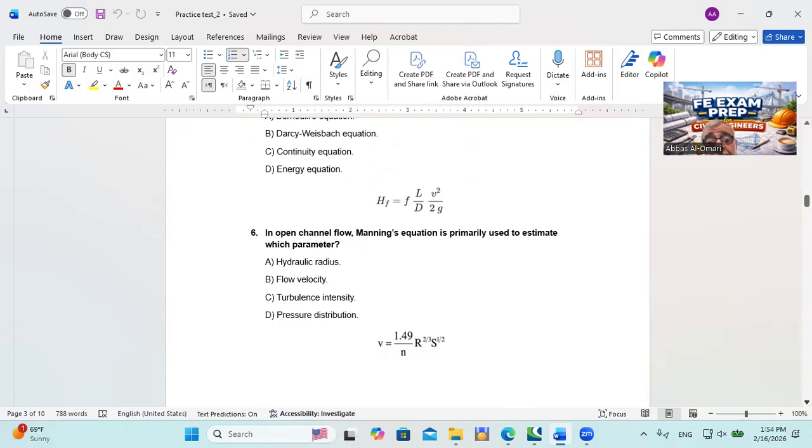This is Manning's equation: V equals 1.49 over n, R to the 2/3, S to the 1/2, where V is the flow velocity, n is the friction coefficient, R is the hydraulic radius, and S is the channel slope. This is a very well-known equation used for determining flow velocity in open channels. So the answer is B.